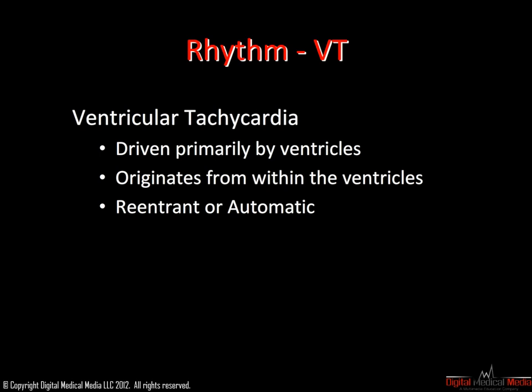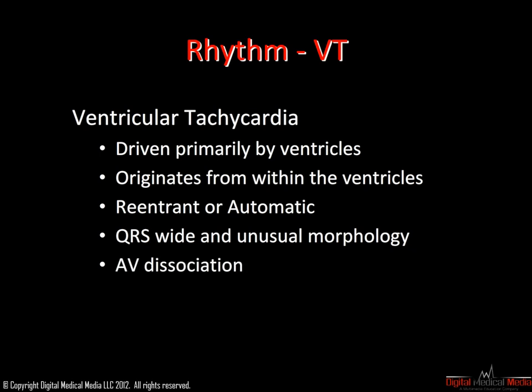The hallmark of ventricular tachycardia will be that the QRS is wide and unusual looking, and that there is either no relationship between atrial activity and ventricular activity, or that the atrial activity is following along behind the ventricles rather than in front.